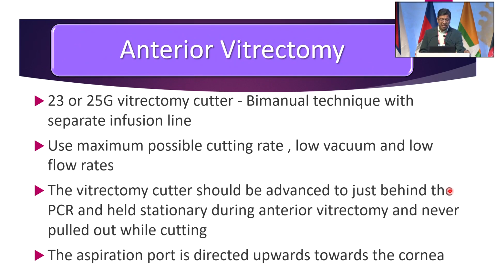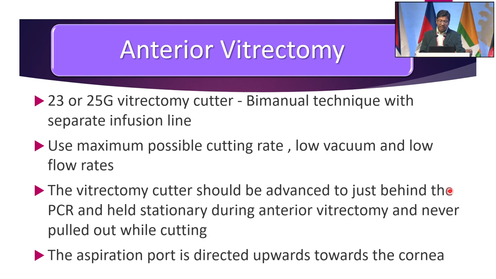So regarding vitrectomy procedure, again, we have speakers to talk on it in detail, but a 23 or a 25 gauge vitrectomy cutter is necessary, and bimanual technique is better with a separate infusion line. Use maximum possible cutting rate, at least 2000 cuts per minute, and low vacuum and low flow rates are necessary.